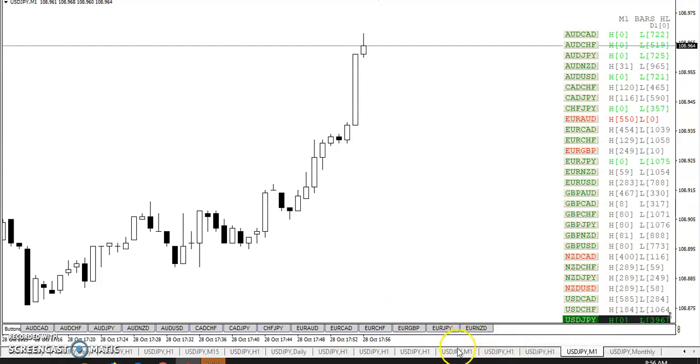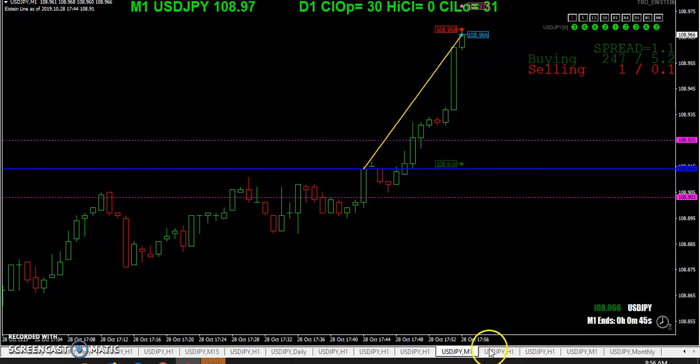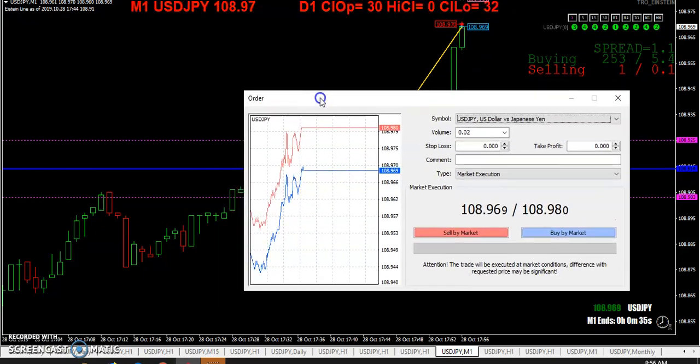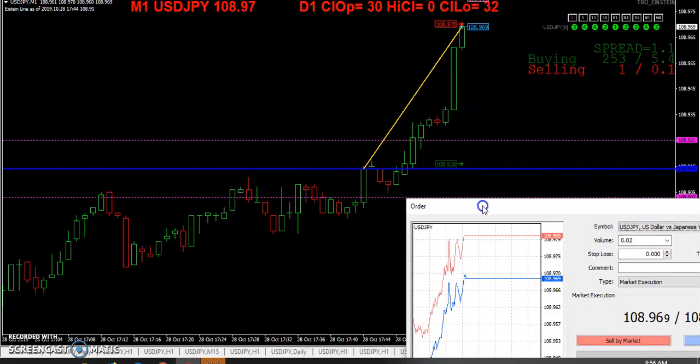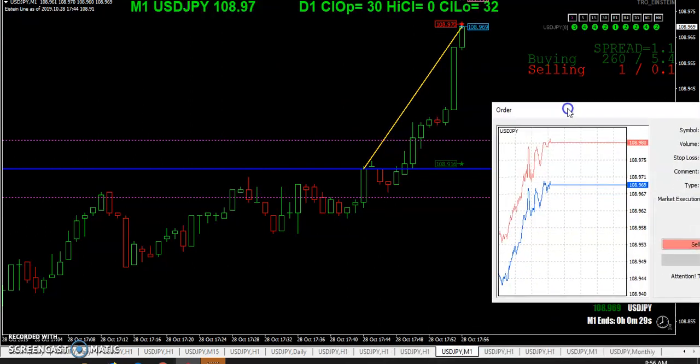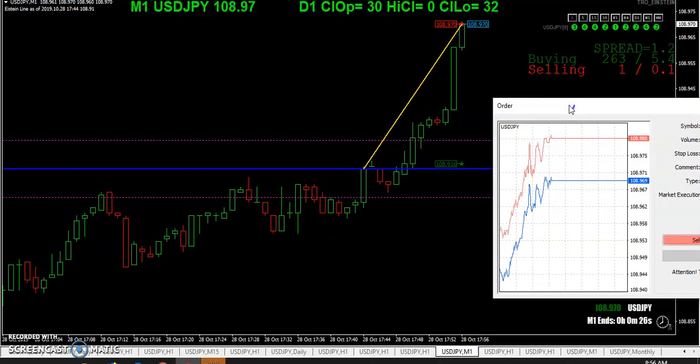So let's get over to the tick chart, or the Einstein line chart. Now, for the tick chart, hit F9, function key F9. What we'll do is put this right beside here.